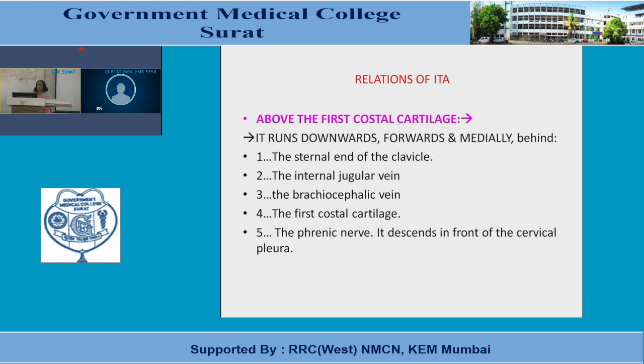That is the phrenic nerve, which lies in front of the scalenus anterior muscle. So relations above the first costal cartilage: the sternal end of the clavicle, internal jugular vein, brachiocephalic vein, first costal cartilage and last is the phrenic nerve, which descends in front of the cervical pleura.